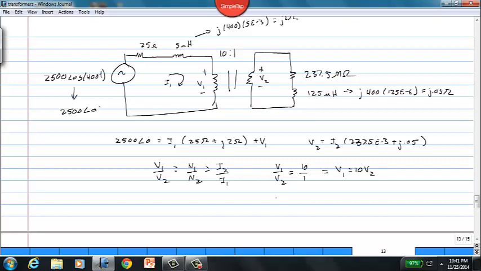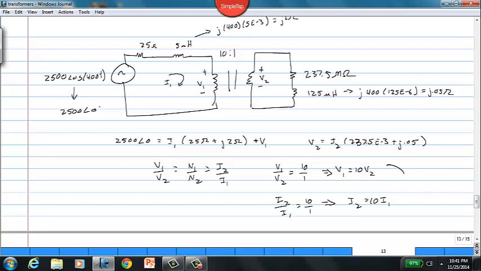Similarly, I find that I2 over I1 is equal to 10 to 1, which says that I2 is equal to 10 I1. So I can substitute these equations into either this equation or this equation here, and then solve simultaneous equations.